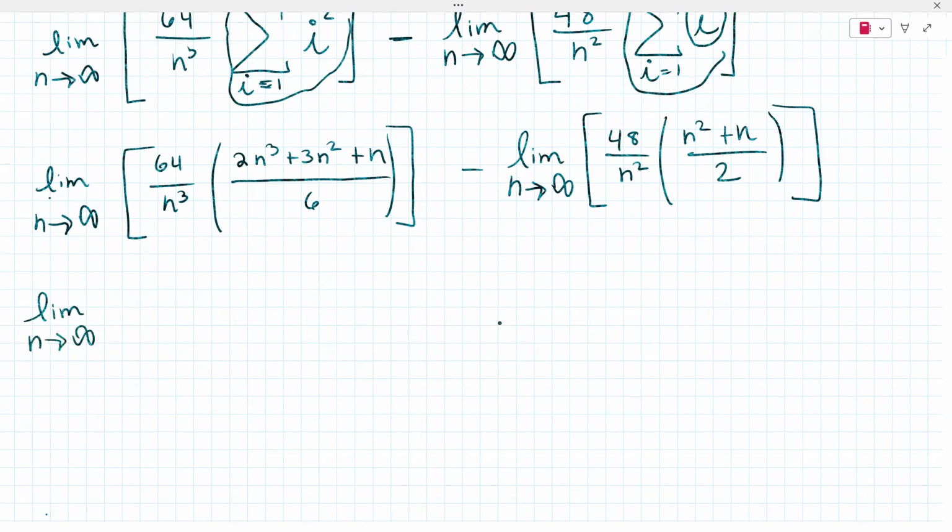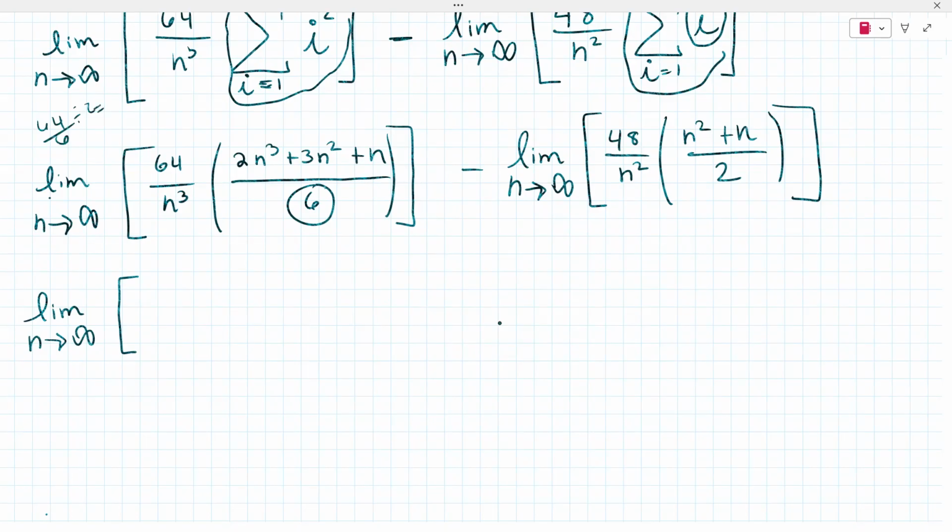Okay. So you see 6 is a constant. If you take that out, that's like 64 over 6, which becomes 32, right? 64 divided by 6, oh no, it just can be reduced, right? 64 over 6 can be reduced by at least 2.